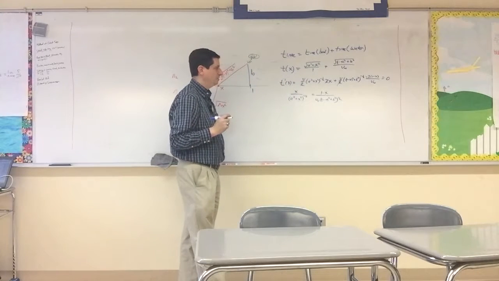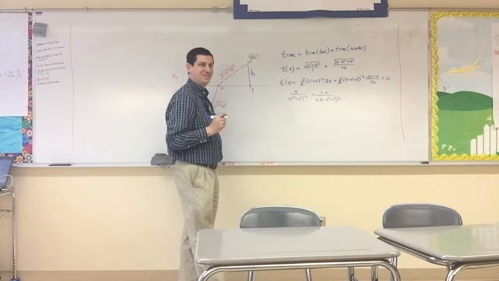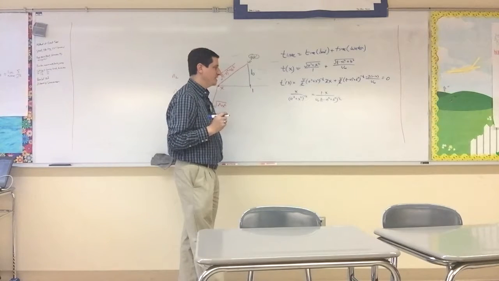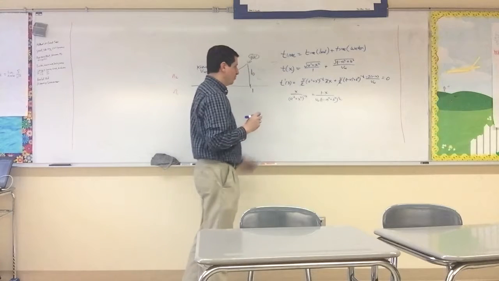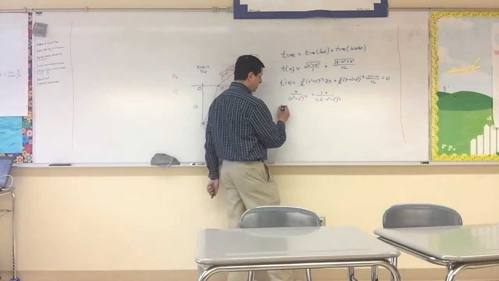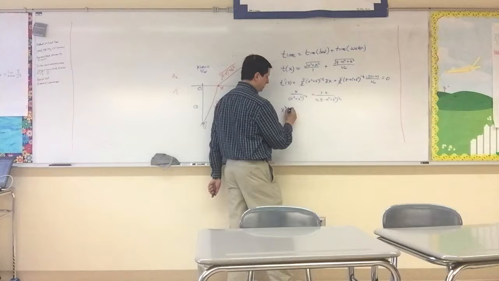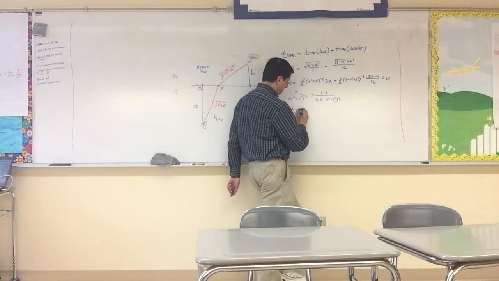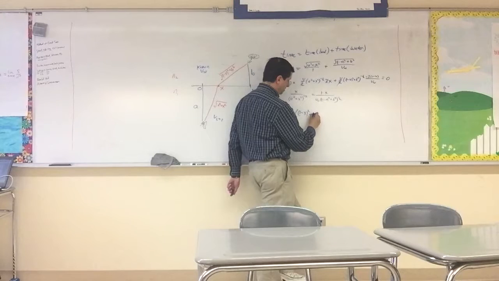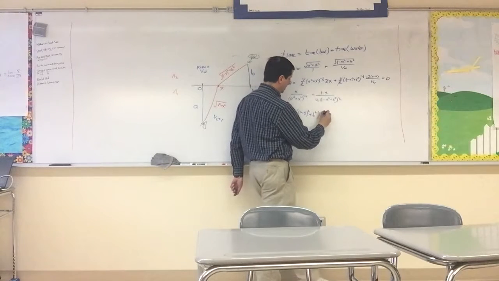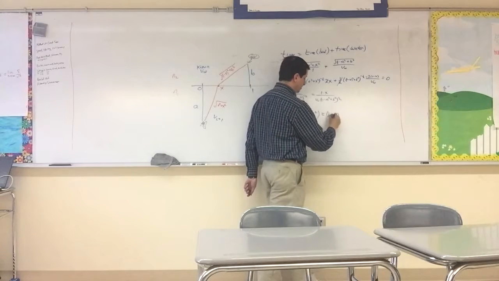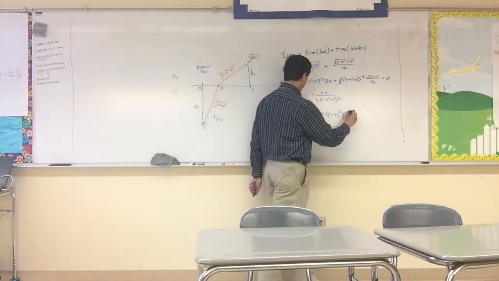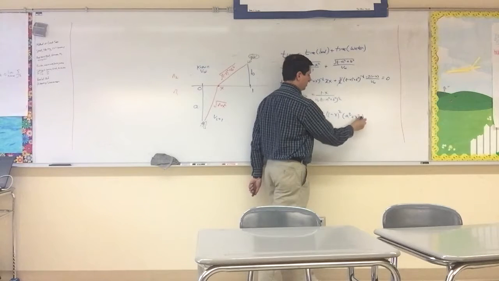What should we do? Square both sides, and after we square both sides, cross multiply. So if we square both sides and cross multiply, we'll get x squared VW squared times ((1 minus x) squared plus b squared) equals (1 minus x) squared times (a squared plus x squared).